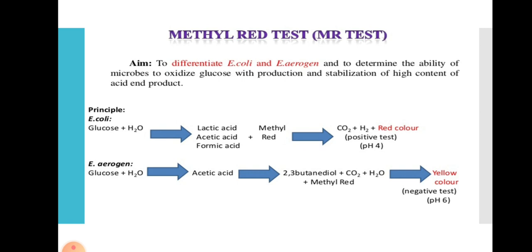Whereas in E. aerogenes, glucose produces acetic acid and later immediately it will produce 2,3-butanediol plus CO2 plus water, and on addition of methyl red it turns into yellow color where the pH is 6. So the indicator methyl red is red at pH 4 and yellow at pH 6.